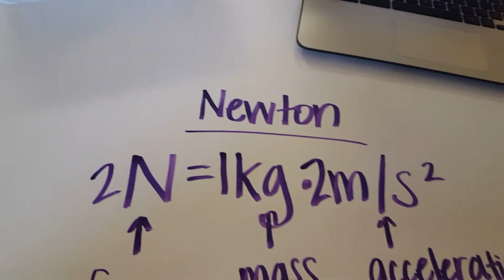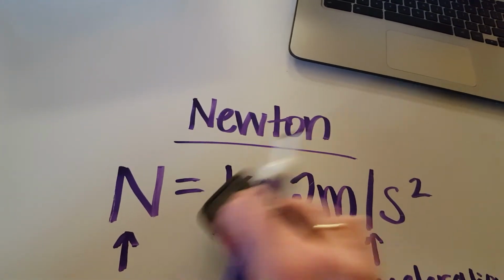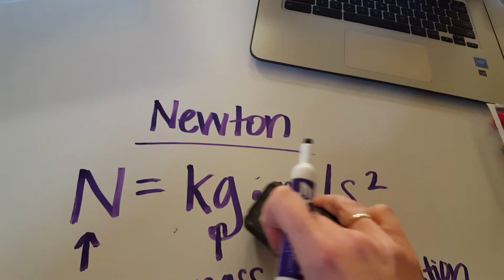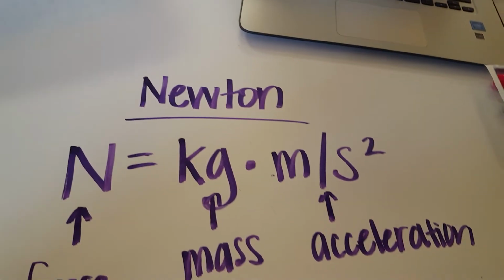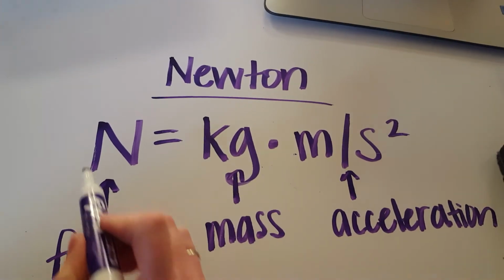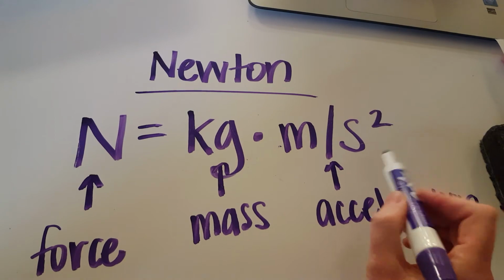If I had tried to apply the same amount of force on something that is a little heavier or more massive, then what would happen to my acceleration? My acceleration would then decrease. So you can see that there is a definite relationship between the newtons of force, the mass of the object, and the acceleration of the object.